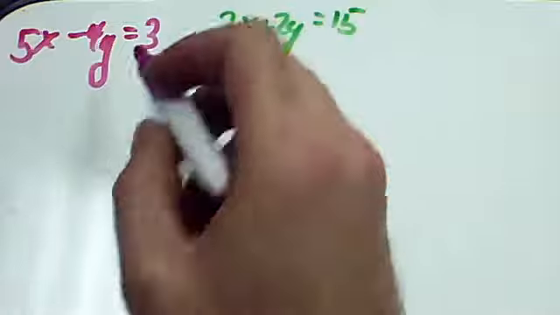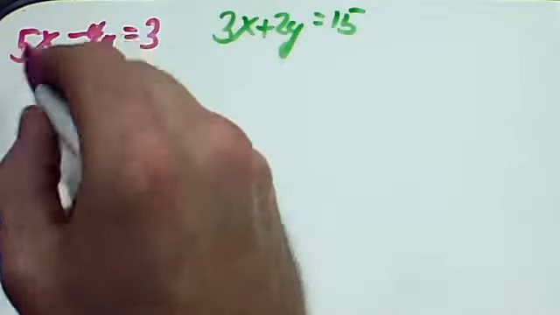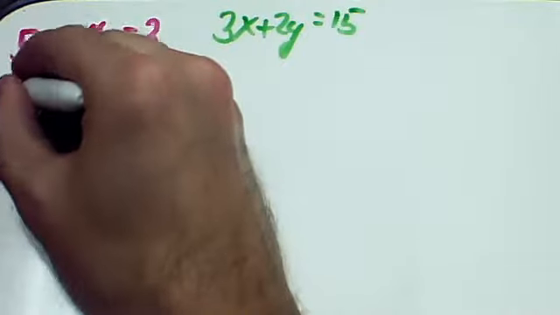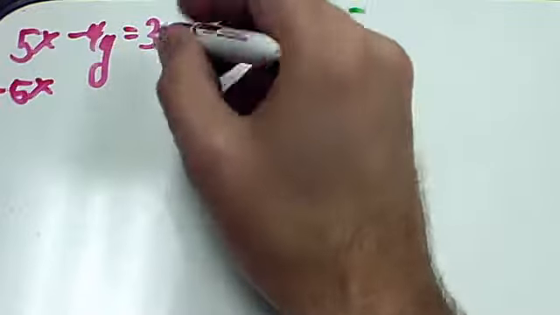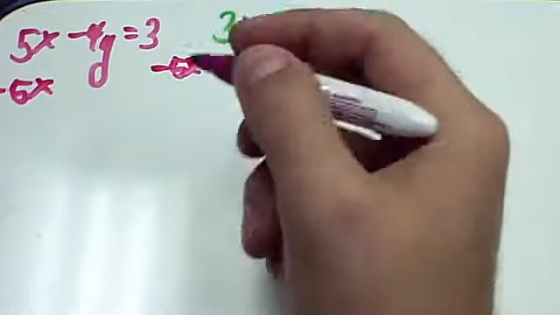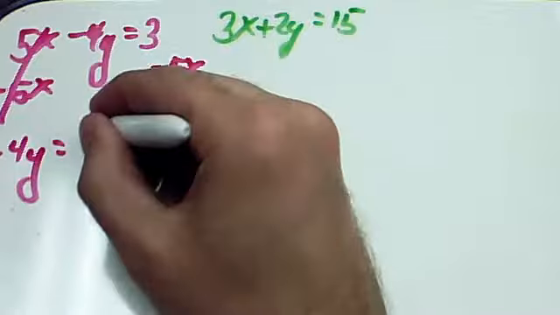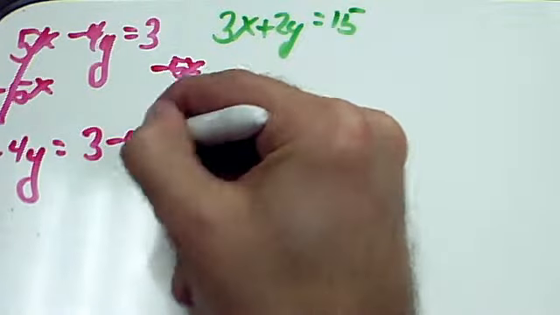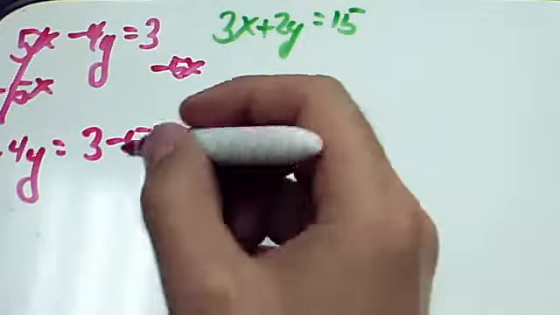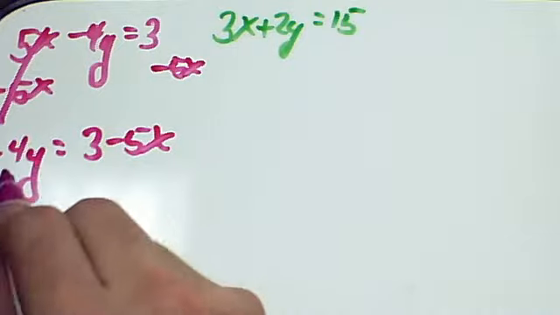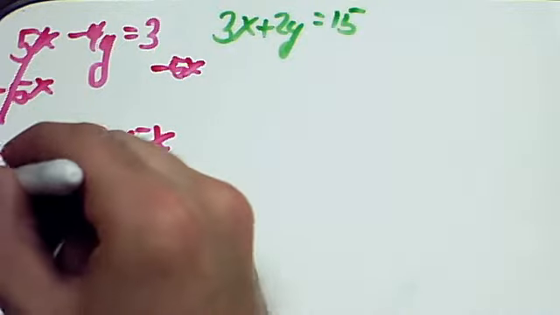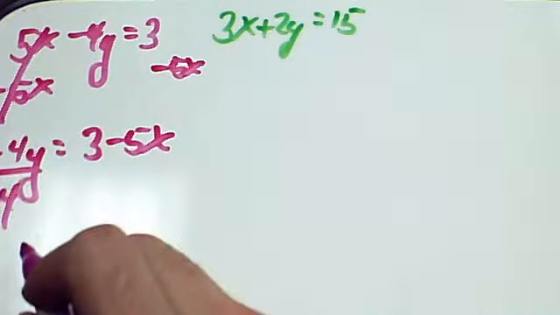Alright, in order to solve for y, we need to get rid of the 5x here by subtracting it on both sides. This becomes a zero pair. We're left with -4y is equal to 3 minus 5x. From there, we have -4 times y, so we need to divide both sides by -4.